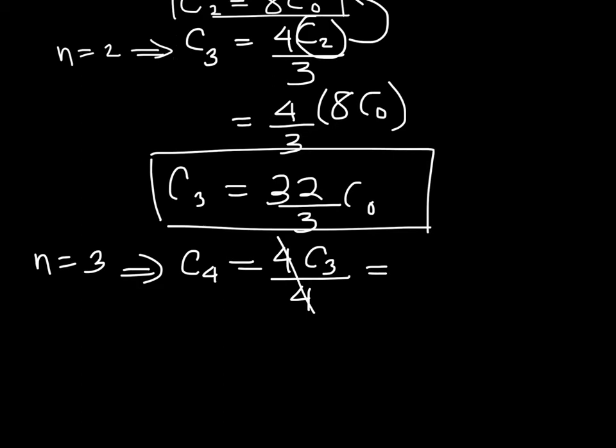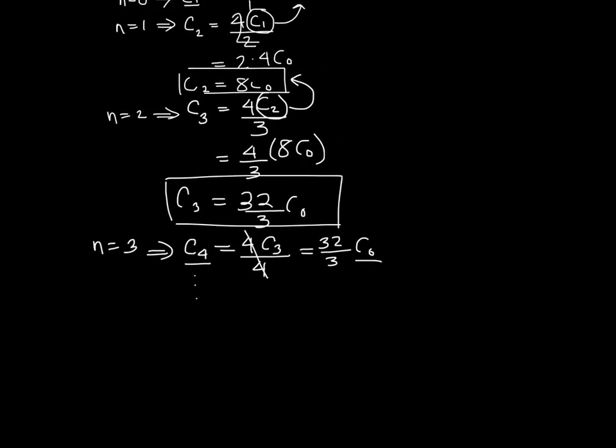Okay, so C4 is equal to C3, but C3, we figured out, was 32/3 C naught. Okay, so here we found some relationships. And again, you can keep going. I would do at least 3 or 4. But if you're having trouble seeing the pattern, then feel free to do a couple more, find more data.